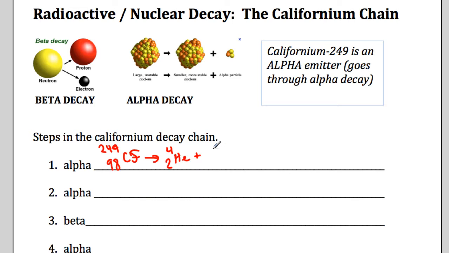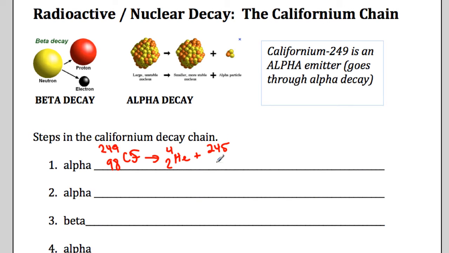Well, the helium is 2 protons and 2 neutrons. That's why there's a 4 mass. So if we started out with 249 units of mass and 4 flew out of the nucleus, then we're left behind with 245.